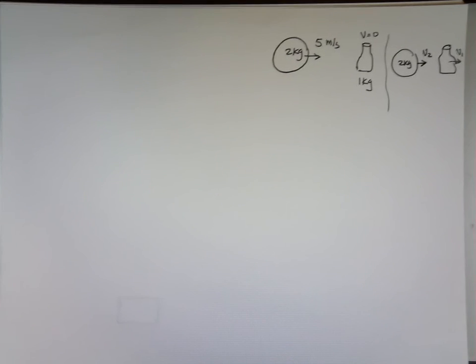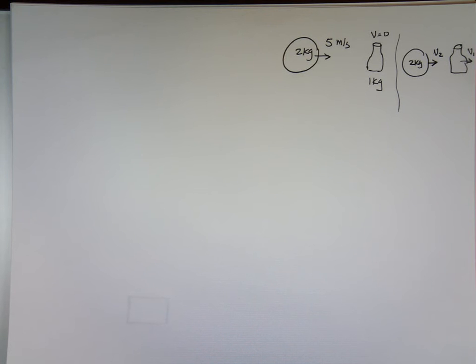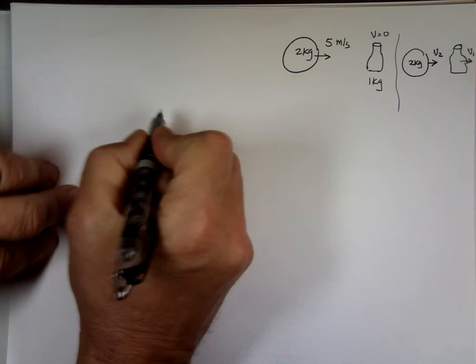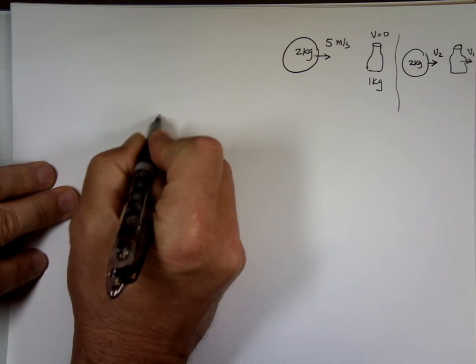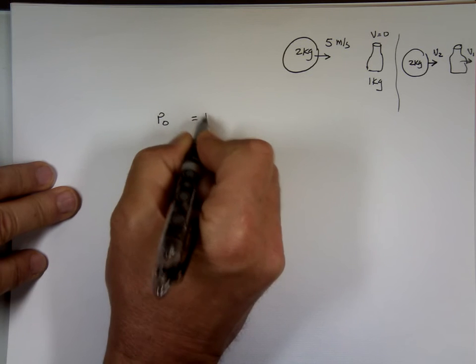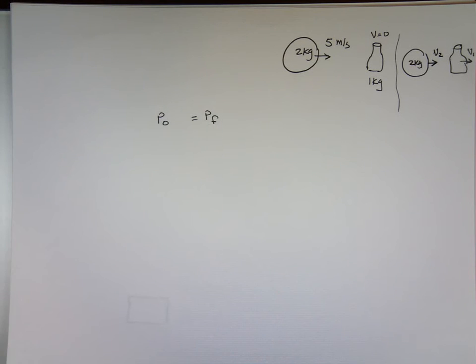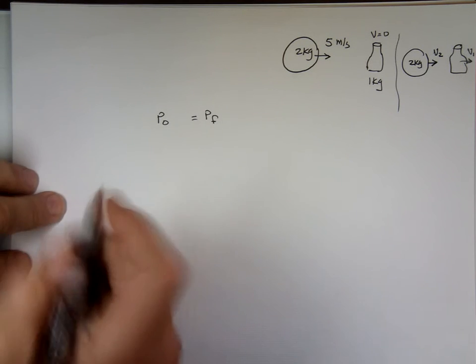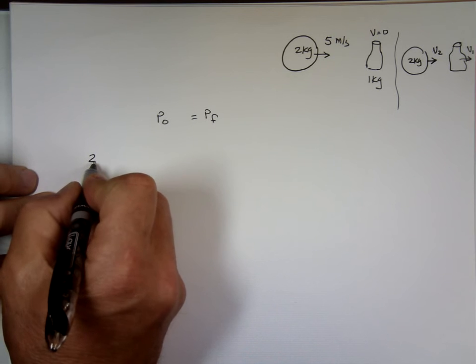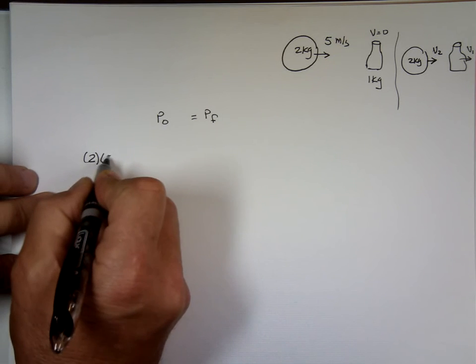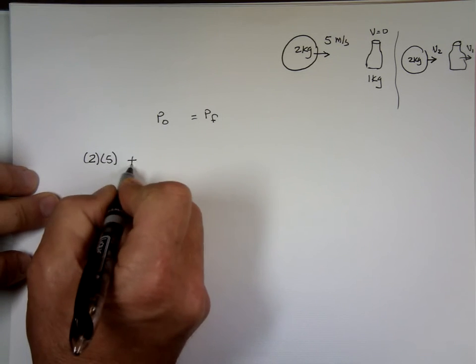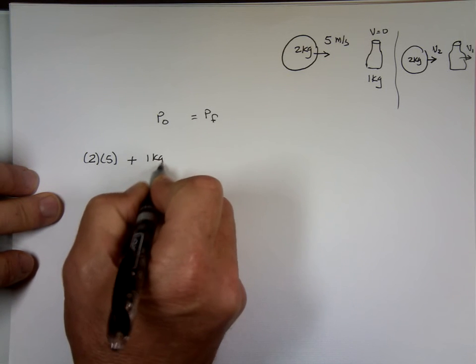So we have conservation of linear momentum and conservation of kinetic energy. We'll begin with linear momentum: before equals after. The before is the 2 kilogram times the velocity, which is 5, plus the 1 kilogram times the velocity, which is 0.